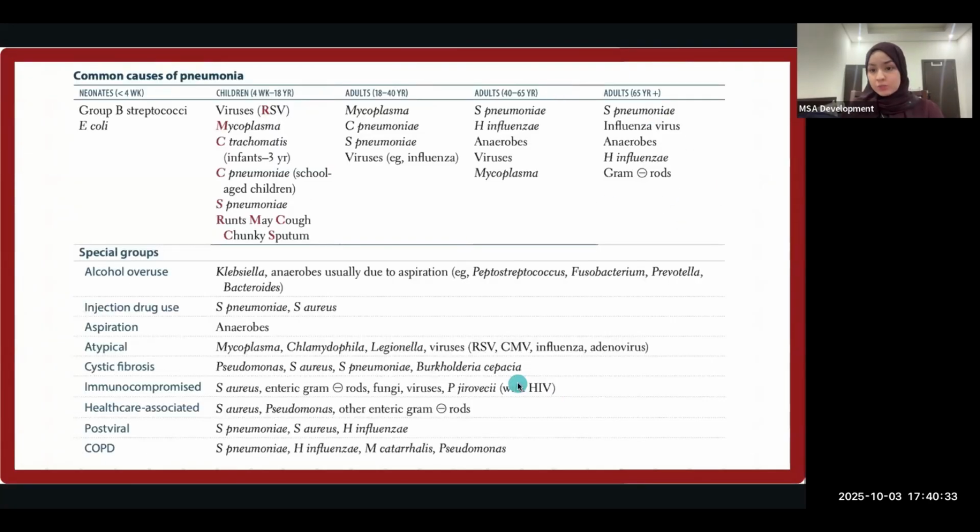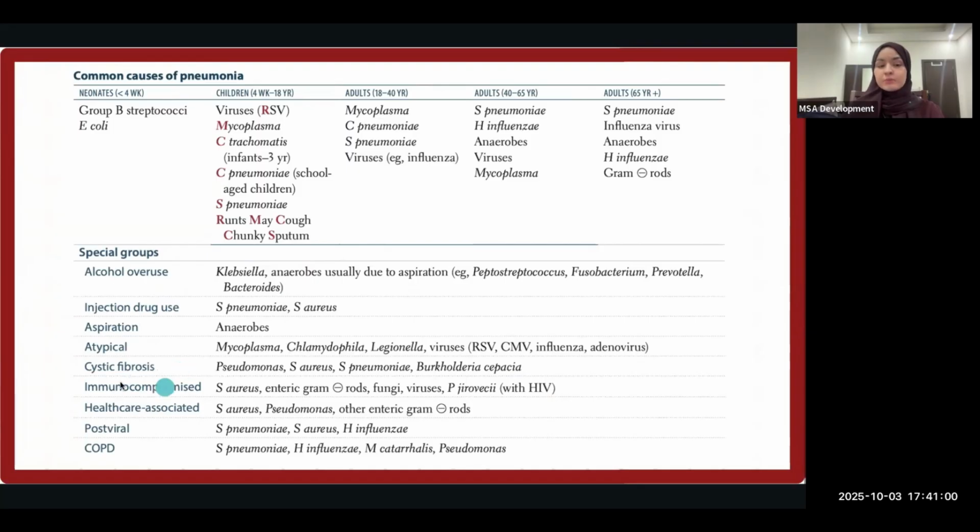And this is a summary table from First Aid for the types of pneumonia, the causes, and what is special about them. So, for example, alcohol overuse, you have Klebsiella, or things that cause aspiration, anaerobes. Aspiration by anaerobes, cystic fibrosis. Oh, I forgot to mention this before. Pseudomonas is associated with cystic fibrosis.